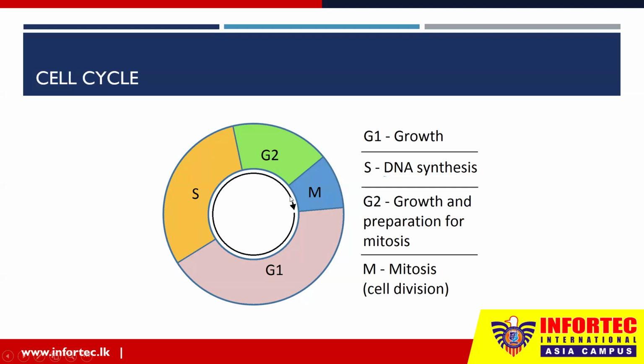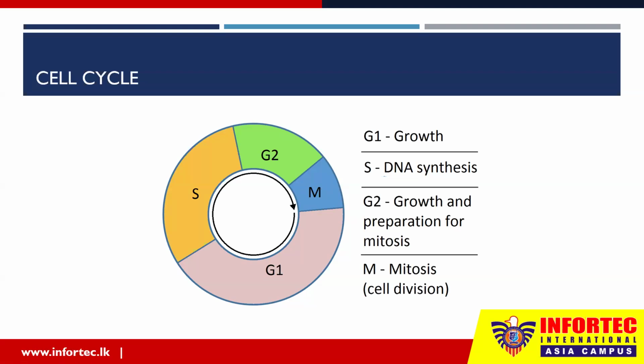M is responsible for the nuclear division as well as the cell membrane division. So G1 is growth, S is the DNA synthesis part, G2 is growth again, and M means mitosis or meiosis, and cytokinesis also takes place, which means the cell membrane division also happens there.